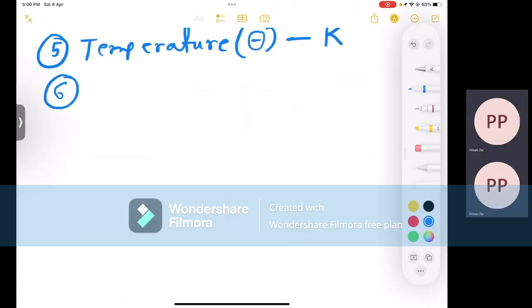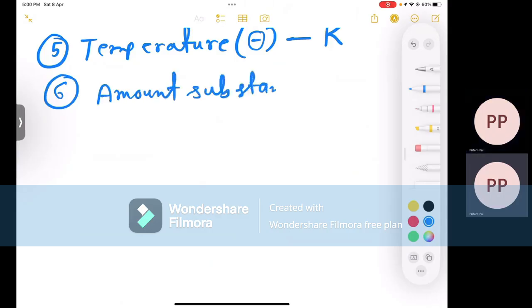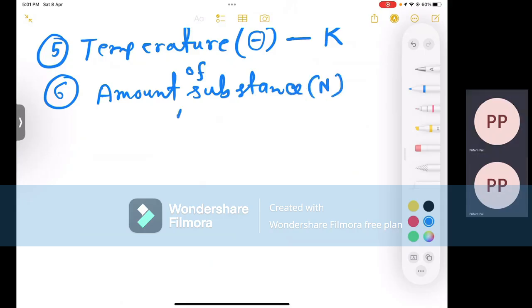Another two base units have also been recently added. It's amount of substance, whose unit is mole.